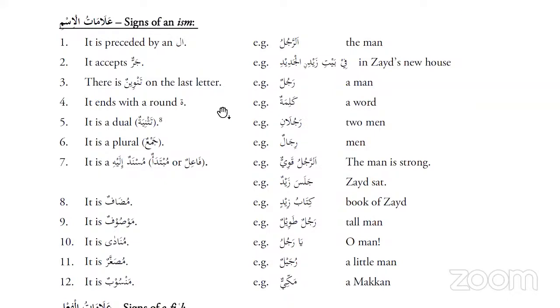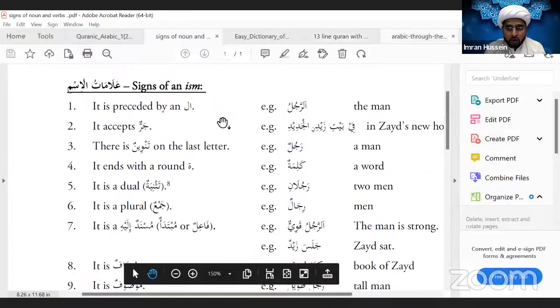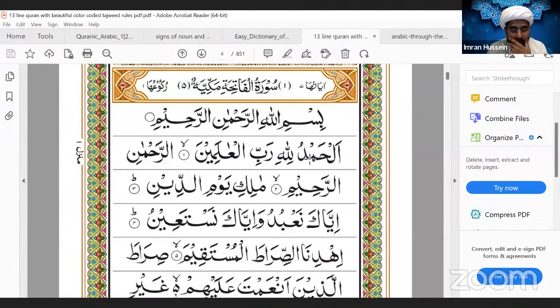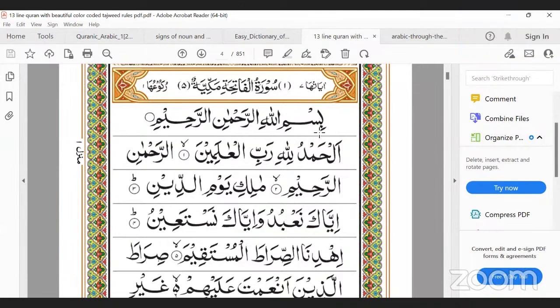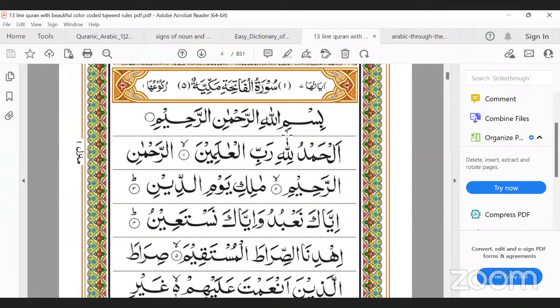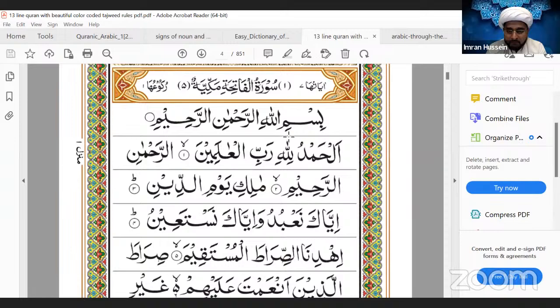Now I'm going to go to the Quran and show you. Look at this. Surah Al-Fatiha, the first ayah of the Quran. Bismi. Can you see the mim has a kasra? Yes, the mim has a kasra because of jarr.